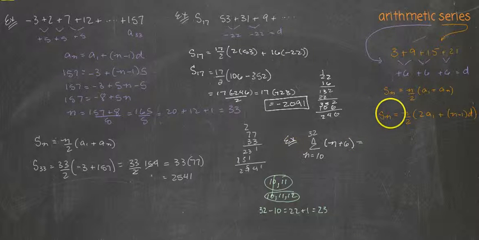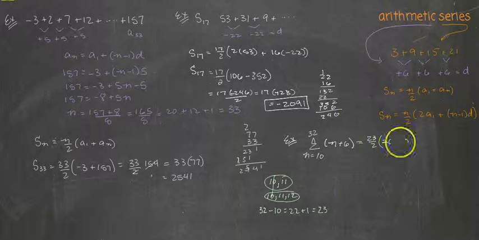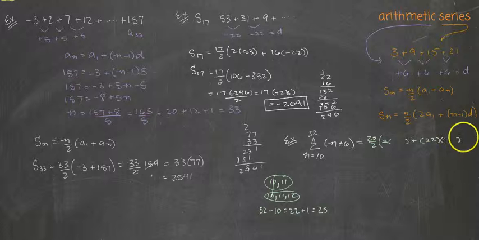So the sum of the first n terms is n over 2, well I know there are 23 terms, times 2 times the first term, so I'm going to need to know what the first term is, plus, well n minus 1 is 22, times the common difference. So I'm going to need to know what the common difference is. So the two things I'm going to have to figure out using my formula are the first term and the common difference. So that just means I'm going to need 2 or 3 terms.